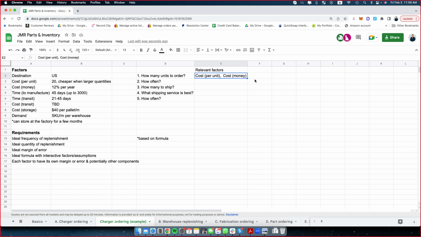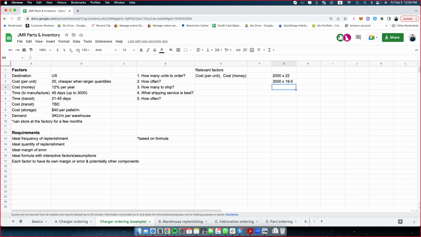So then maybe we can say, okay, well, if we order 2,000 units and they cost us, let's say, $22, okay? And then if we buy 3,000 units, we can pay 19 and a half. It's just an example. It's not necessarily accurate, but then we say, okay, well, if those 1,000 units are just going to stay in the warehouse for 3 months waiting, I'm going to actually make a formula here.